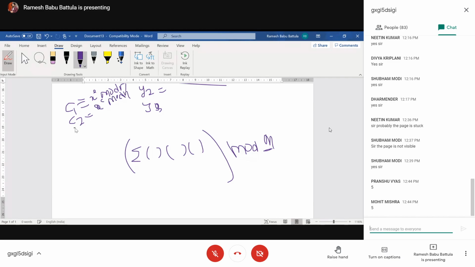Likewise, you will get some particular values, and finally you are applying a mod operation over here. There itself you are going to use this. Why? Because your C1, C2, C3, whatever the values are, these ciphertext values are all designed based on modulo arithmetic operations only.